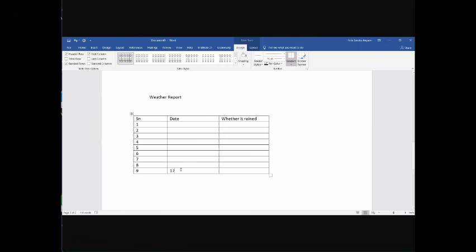Today is 17th August 2026. I also have 2025, 2024, 2023, 2022, 2021, 2020, 2019, and I also have 2018.